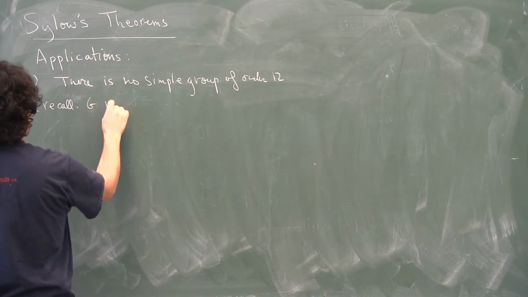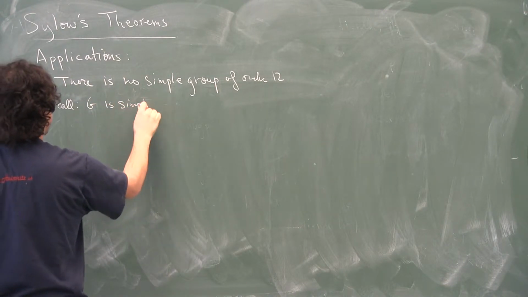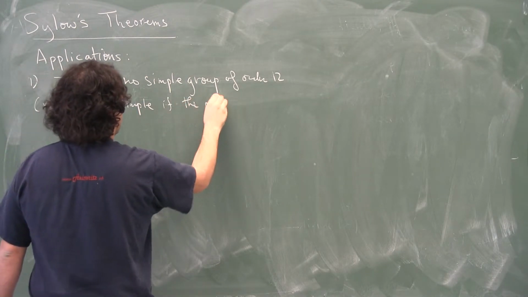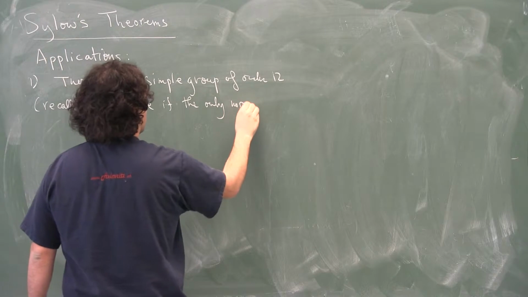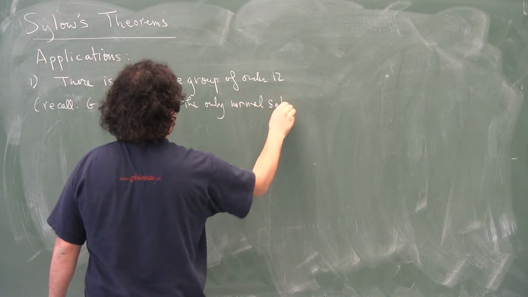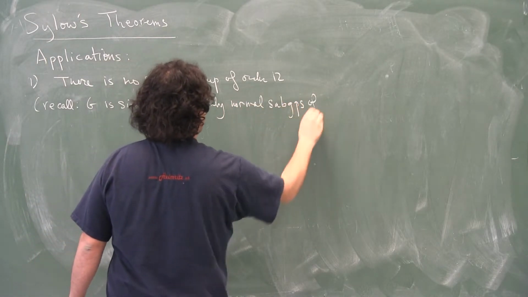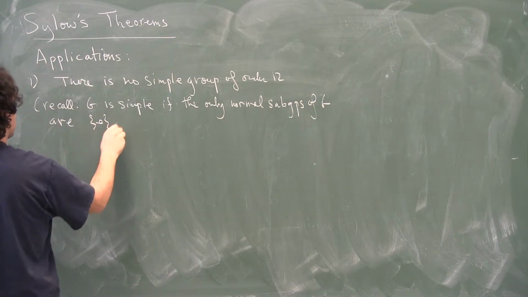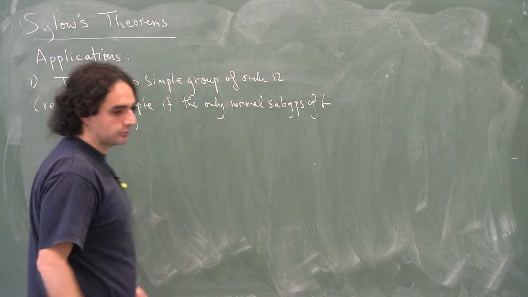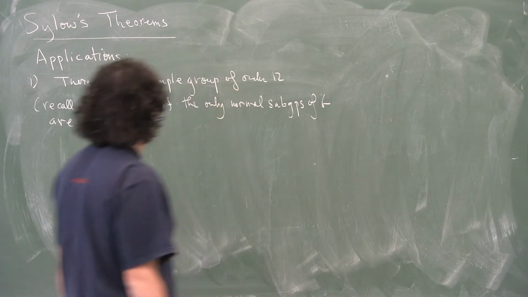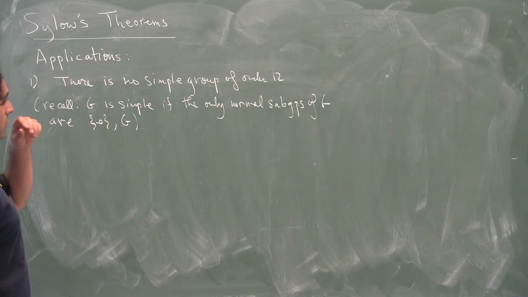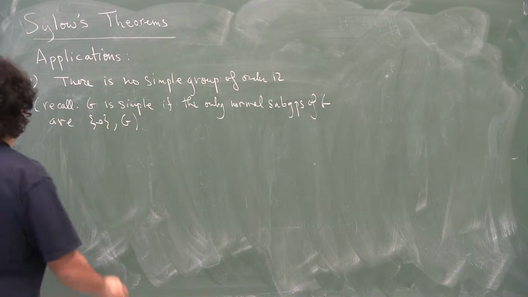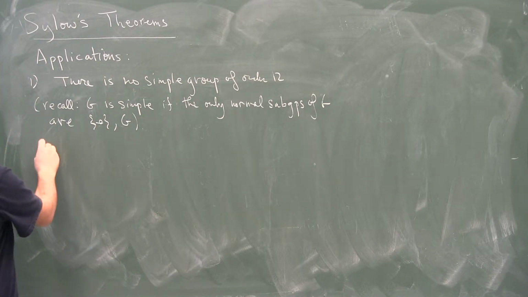Recall G is simple if the only normal subgroups of G are the identity subgroup and G. So why is there no simple group of order 12?